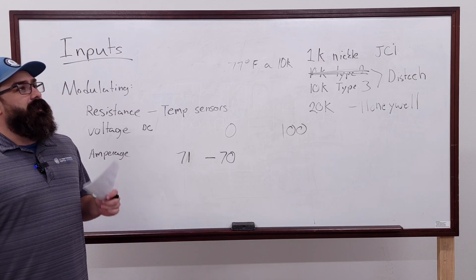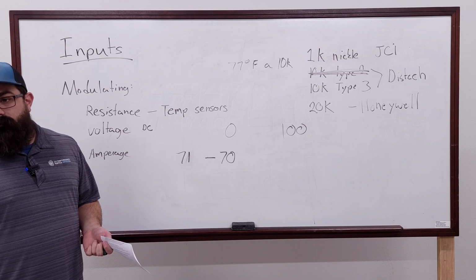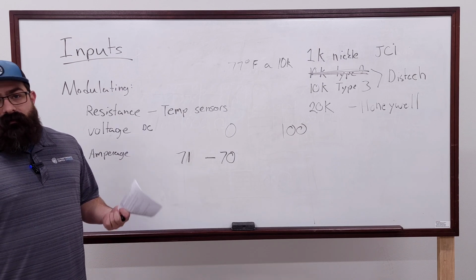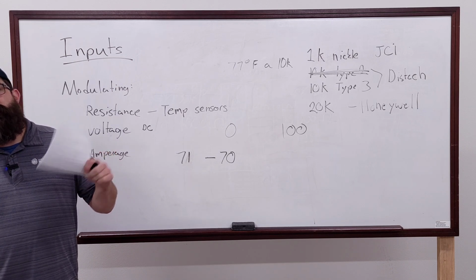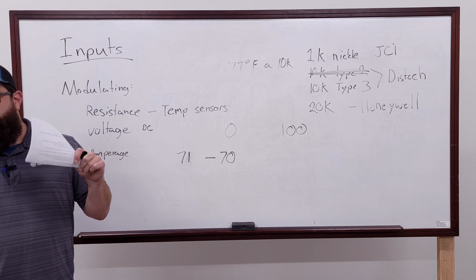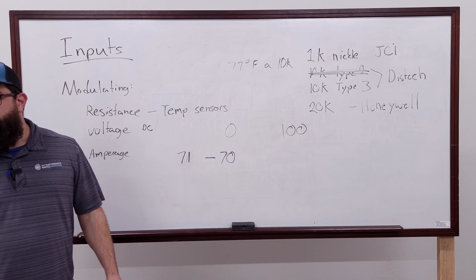The other thing is, some jobs require us to calibrate based on the wire length that's being run, but we don't have to do that because as long as we use the specified wire with the resistance for that controller, it's already factored in.